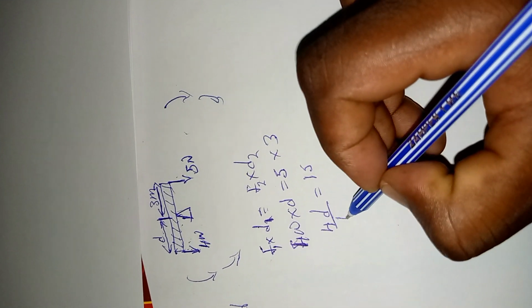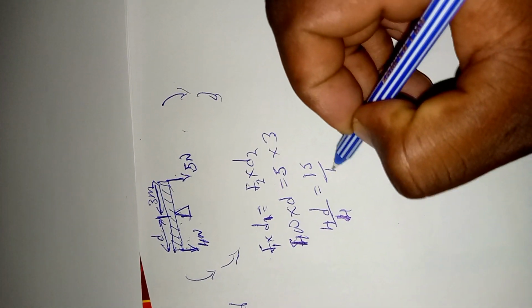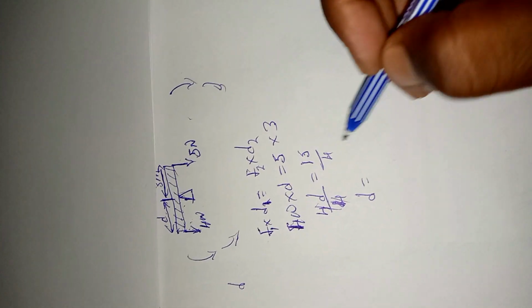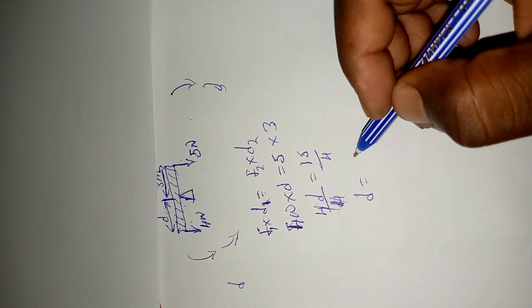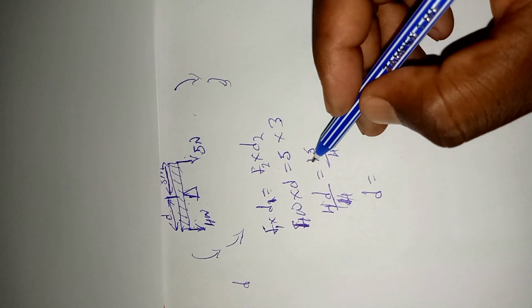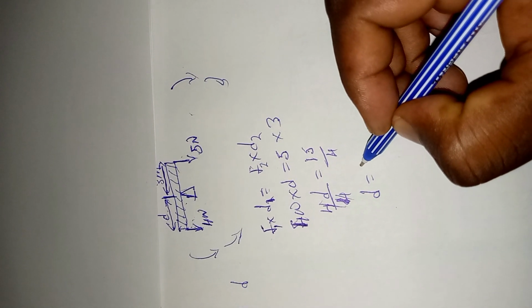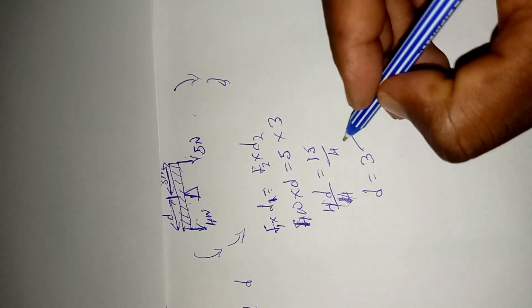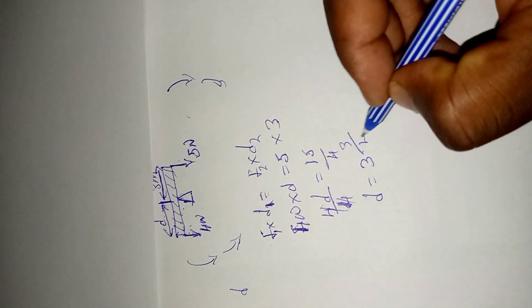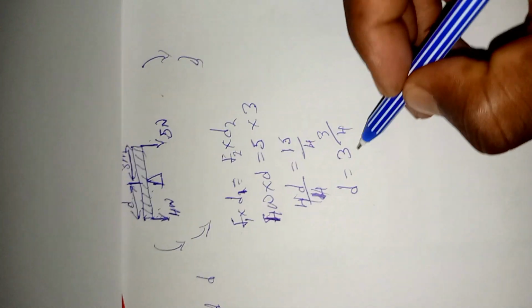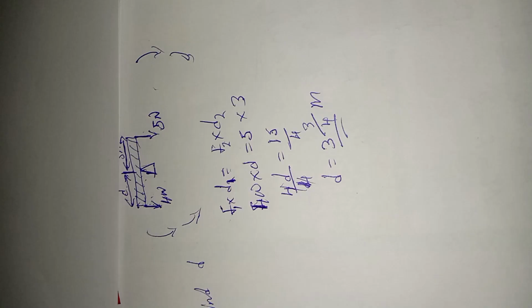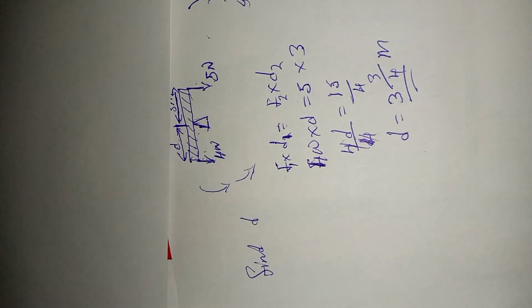You divide both sides by 4. So your distance is 15 divided by 4, which is 3 remainder 3 over 4. That is your distance. Don't forget to put the SI unit for distance.